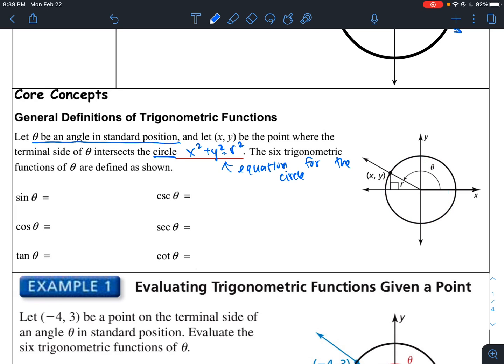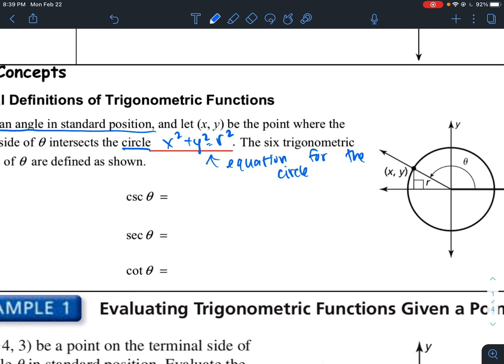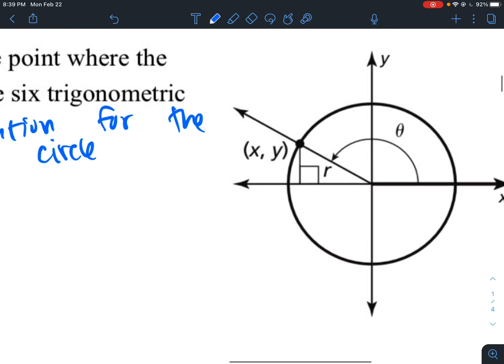Okay, and the six trigonometric functions are defined as follows. So this is theta. Now the right triangle it makes comes from this angle. So theta makes this right triangle. Sine would be opposite, this would be the hypotenuse, and this would be adjacent.